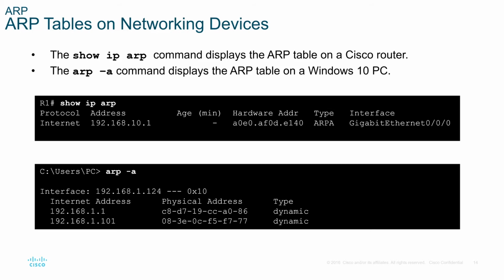On a computer, we can say ARP space -A. Either will give us a current listing of the table of ARP to IP addresses in either device.